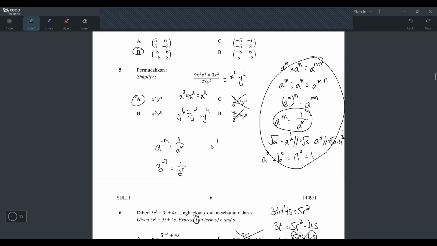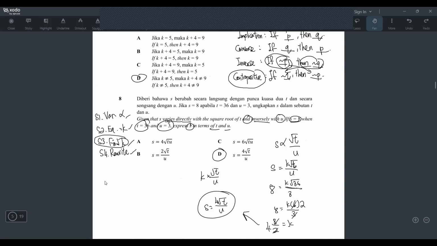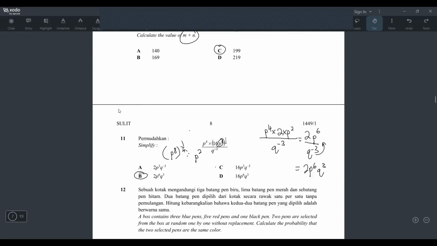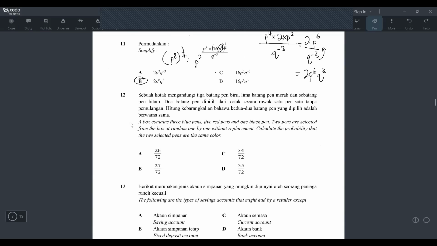But what if I say 1 over 2 power negative 5? Can also. It can go top to bottom, bottom to top. So this one can move up also. But when it moves up, the base stays the same, just the power changes sign. So top to bottom, bottom to top, the base stays the same, but the power must change sign. So that you must know. Okay, let's keep going.